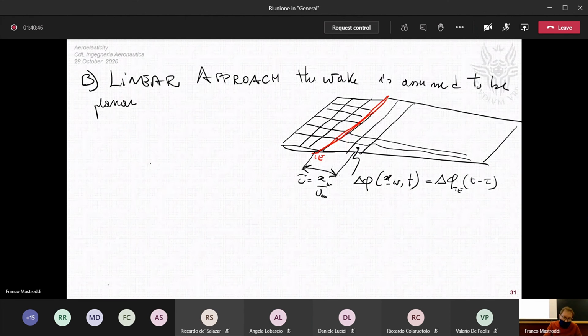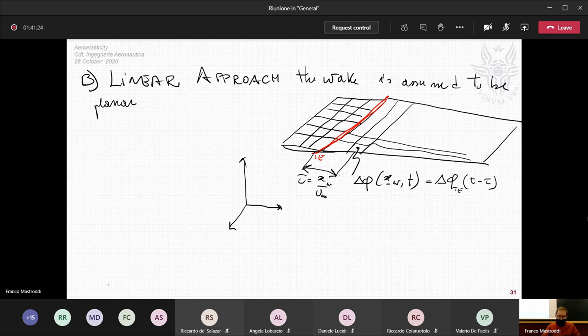In fact, remember that any kind of velocity is a velocity in the air frame of reference, in the sense of the airport frame of reference. We are in the airport and the aircraft is flying. So when you take the gradient of the velocity potential, you obtain the fluid velocity with respect to this fixed frame of reference. It's not the velocity with respect to the flying body. Now, it's the fluid velocity with respect to the airport frame of reference.